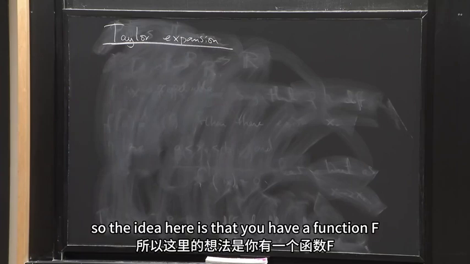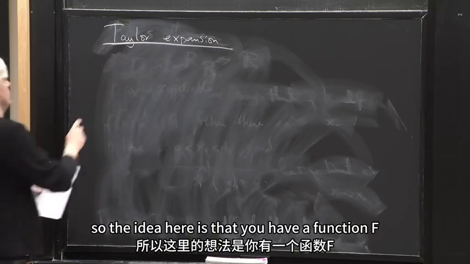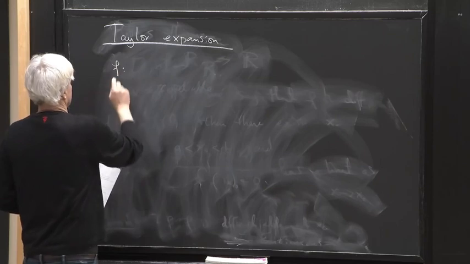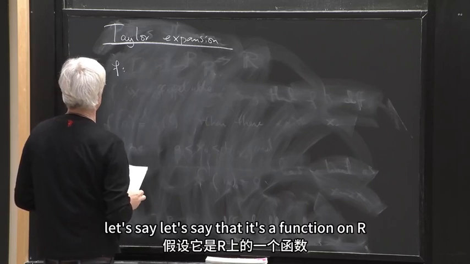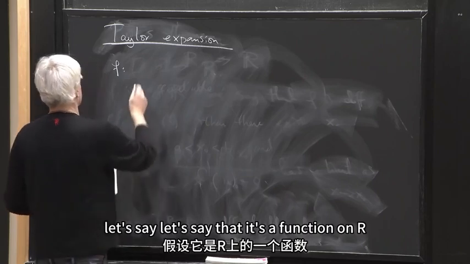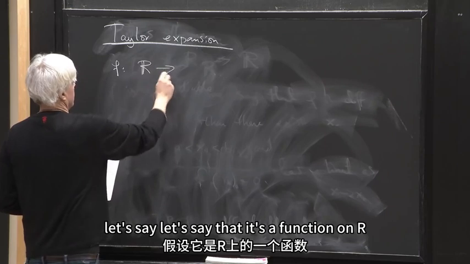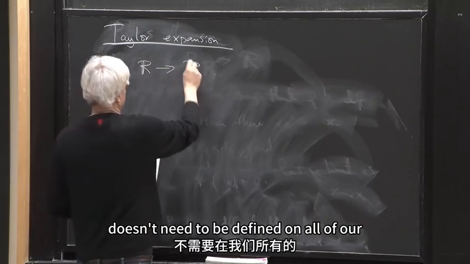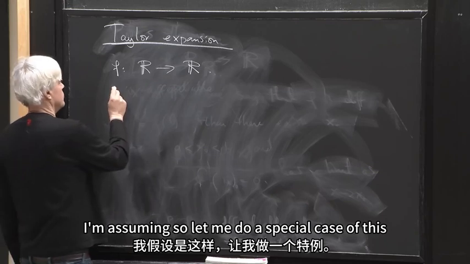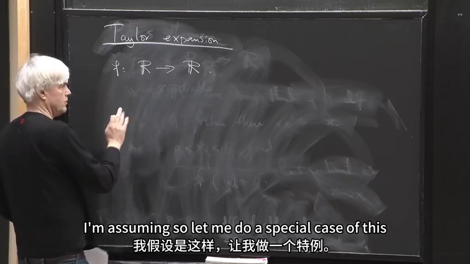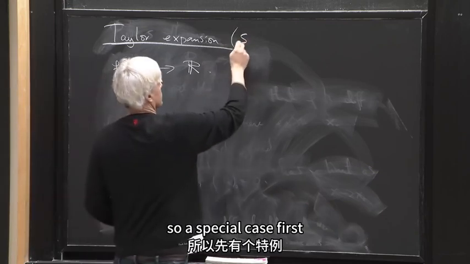So the idea here is that you have a function f. Let's say that it's a function on R, doesn't need to be defined on all of R, into R. I'm assuming, so let me do a special case of this. So a special case first.